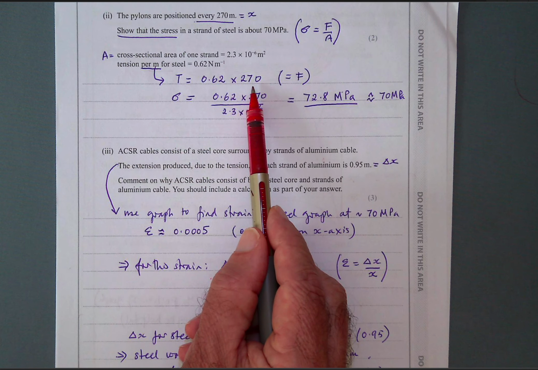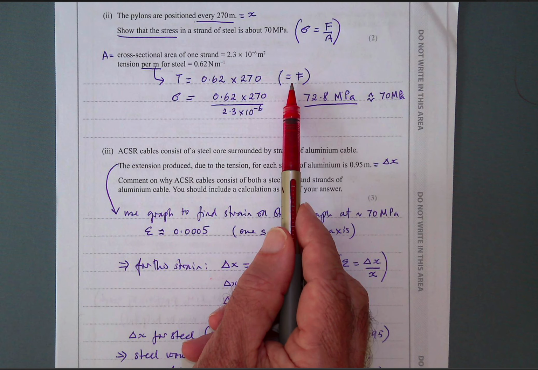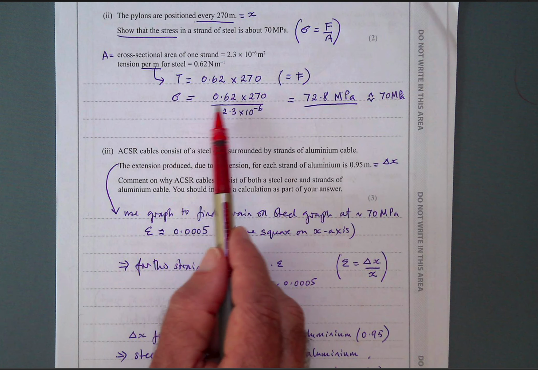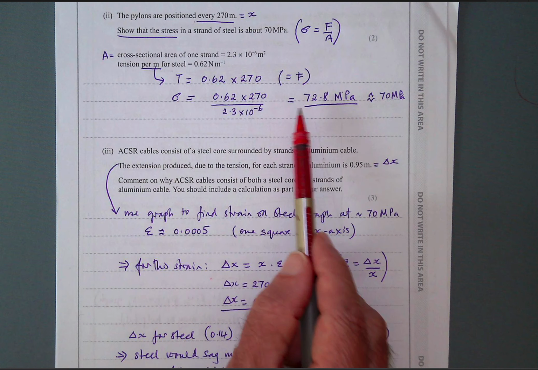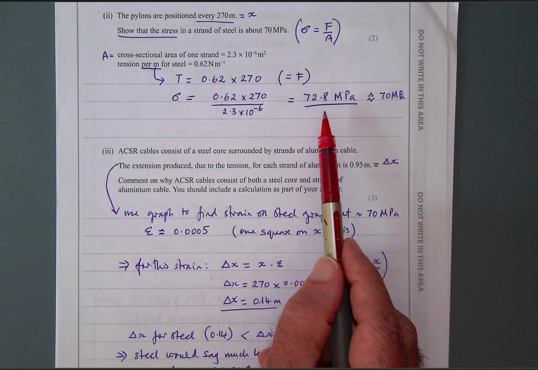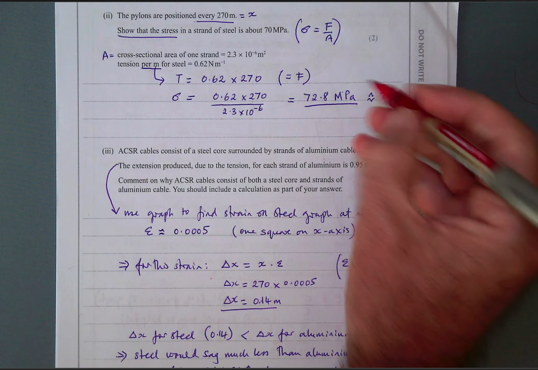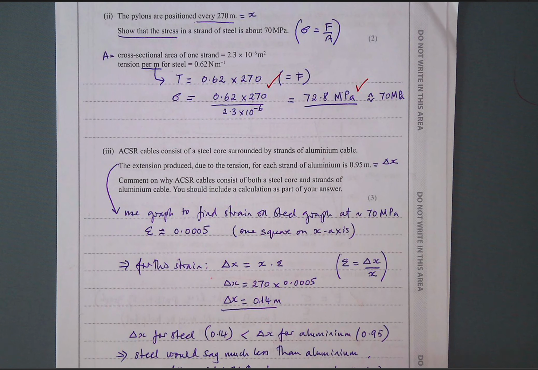It'll be 270. So this will be the minimum tension. So this is our F in stress, force over area, the tension that was felt. So you put 0.62 times 270 on top, divided by the area given, and you'll see that it comes to approximately 72.8 megapascals, which is approximately 70 megapascals, which is what they wanted you to show. Okay, so that's how you get the 2 marks.